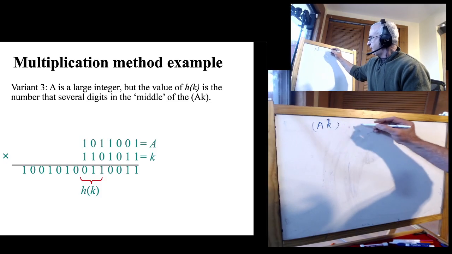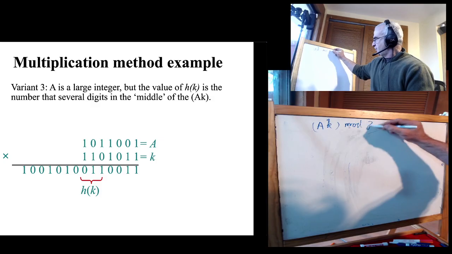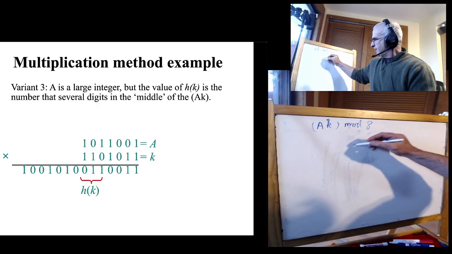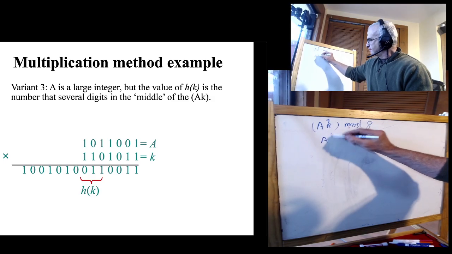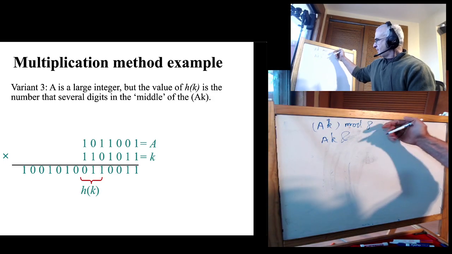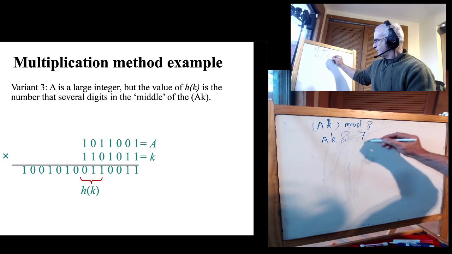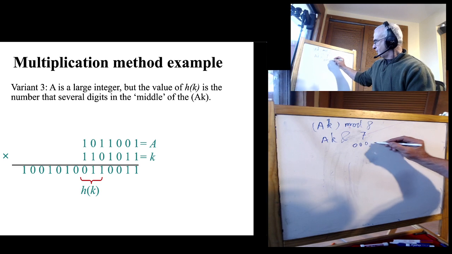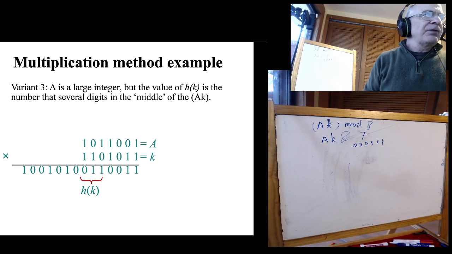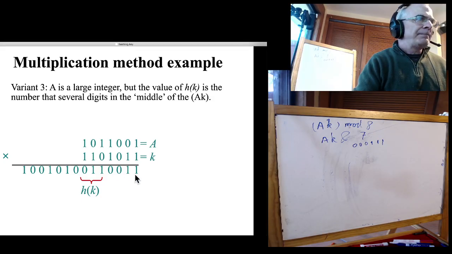Then I'll take AK modulo 8, right? Or as we discussed last meeting, do AK and bitwise AND with a 7, because 7 is 0, 0, 0, 1, 1, 1. Okay, that was for, if I want the rightmost 3 bits.